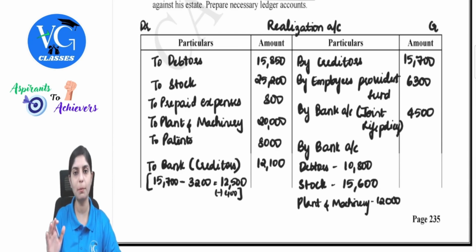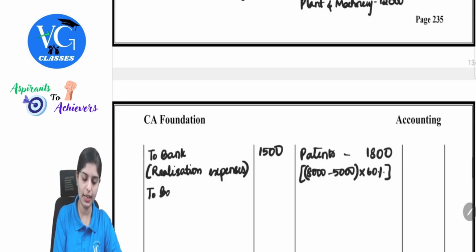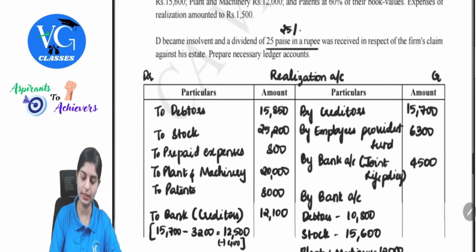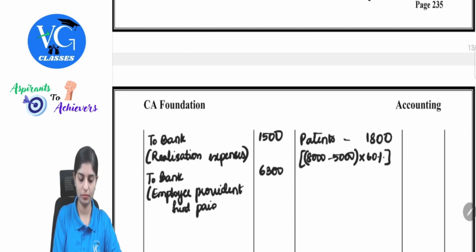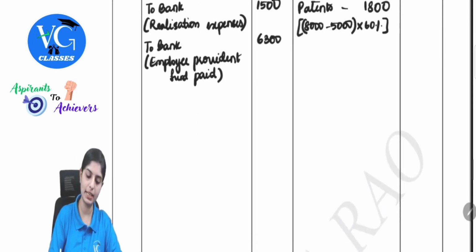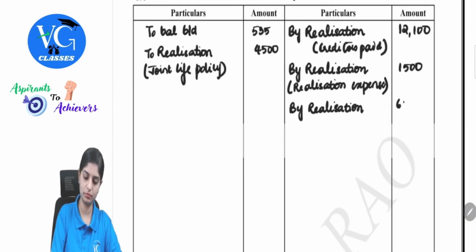Employee provident fund, no treatment given, so it will be taken over at book value 6,300. Be very careful, guys. There are chances of missing such details. Employee provident fund paid 6,300. So by realization, this is towards employee provident fund.